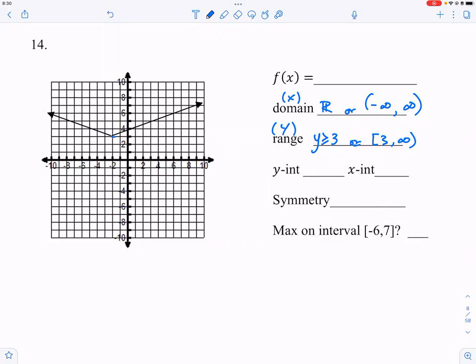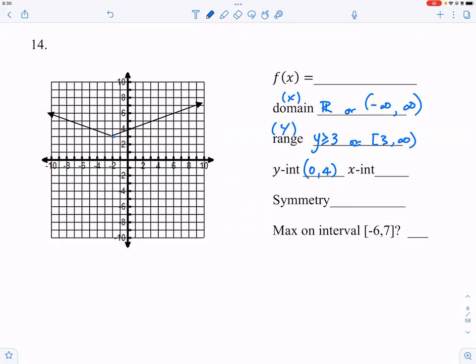All right, y-intercept, if you look at it, it is (0, 4). I also want to take a moment to address one very simple fact. Any y-intercept would always have a 0 for the x value.